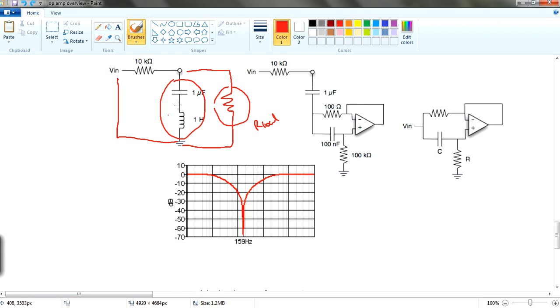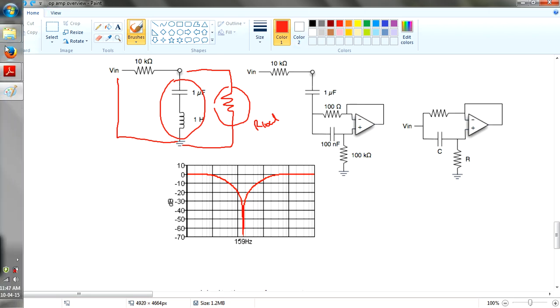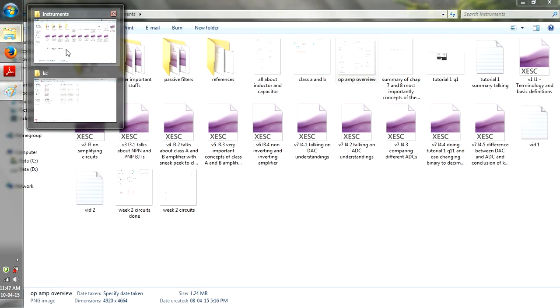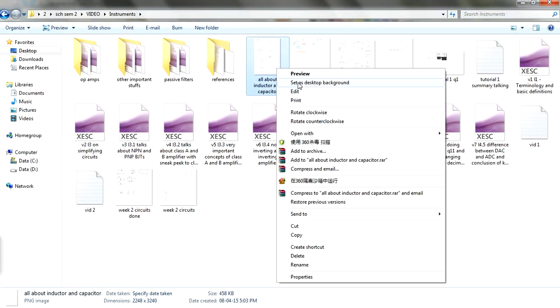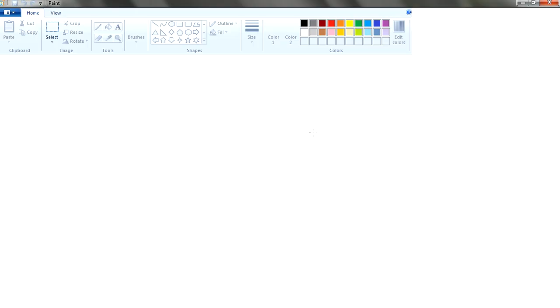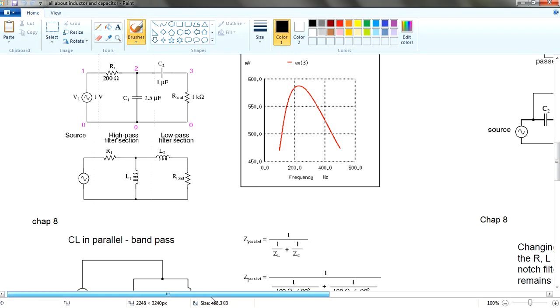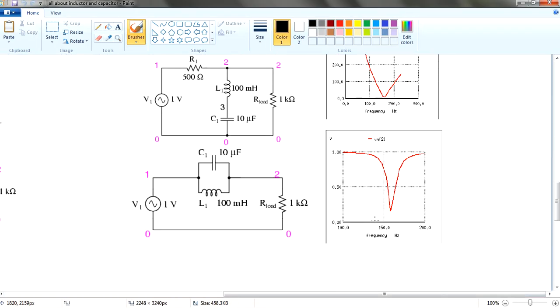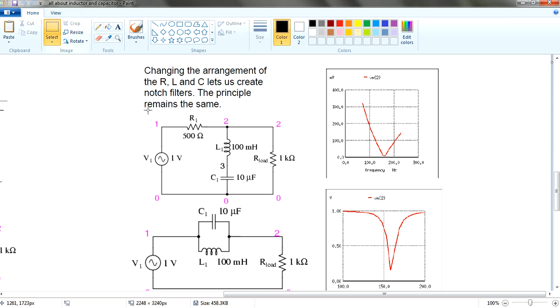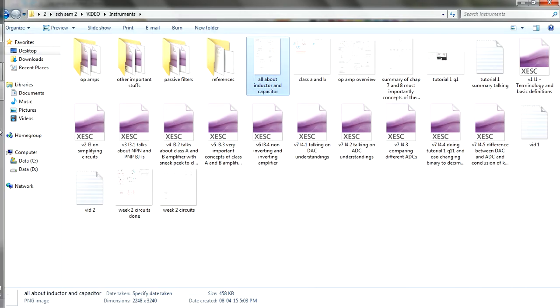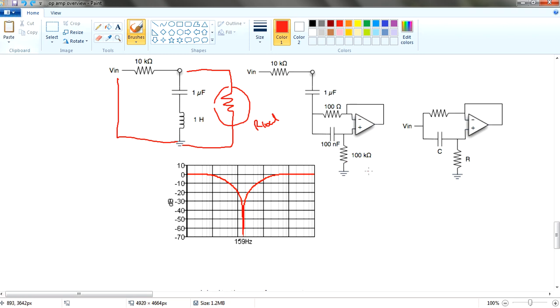I think this is the second or third one in my series on all about passive things. This is the second configuration: you connect your capacitor and inductor in series, and then connect in parallel with the R load. This is how the same configuration works for this one over here.